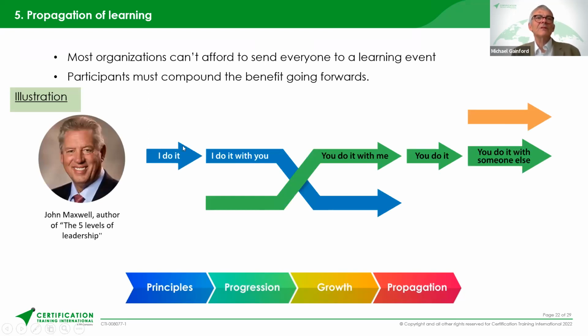So to start with, I do it. So I'm the blue person here. I do it, whatever it is. And now I do it with you, you being the green person, and we're doing it together, but I'm coaching you, I'm leading you, I'm supporting you. But then after we get to a certain level of maturity, we switch. And the green person is now doing it with me as a facilitator.